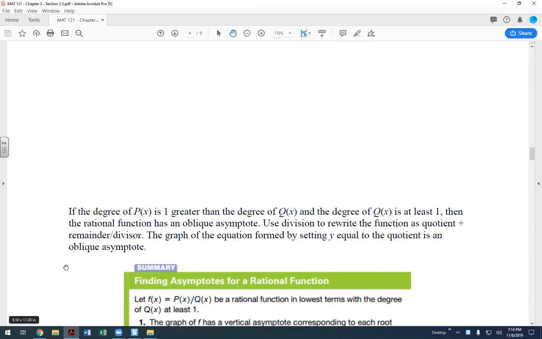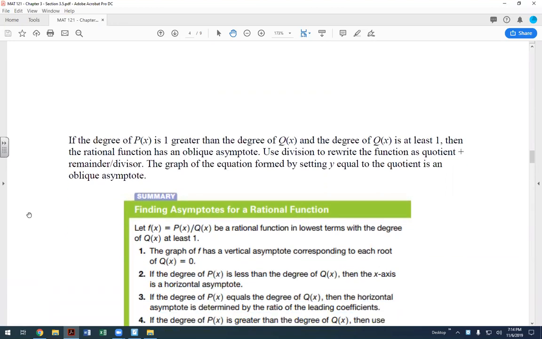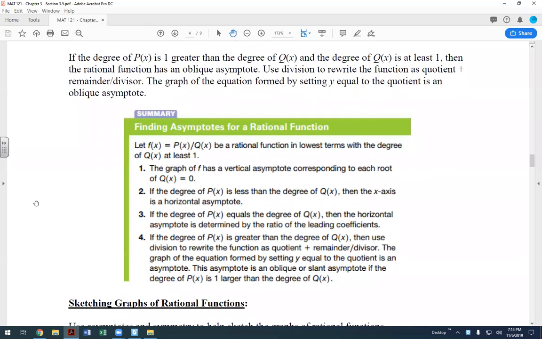So just as a summary, for the vertical asymptote, take the denominator, set it equal to 0, and solve it. For the horizontal asymptotes, if the degree of the numerator is less than the degree of the denominator, all of those functions are going to have y equals 0, or the x-axis, as the horizontal asymptote.